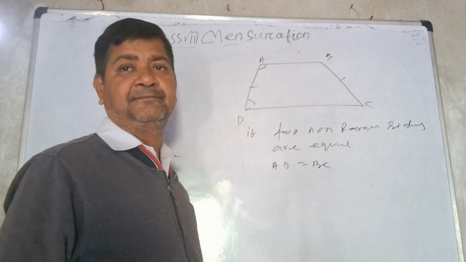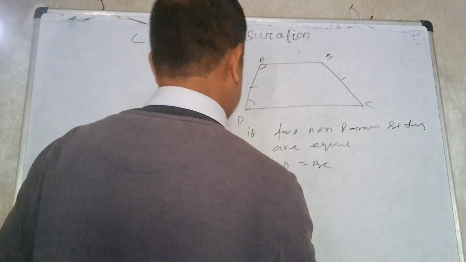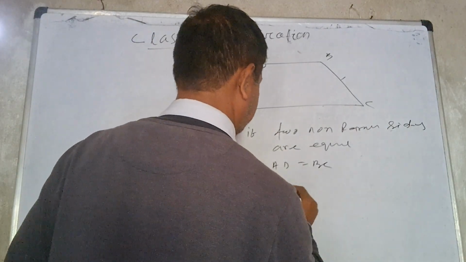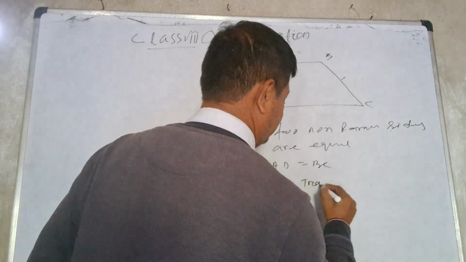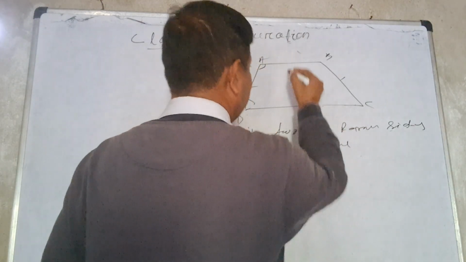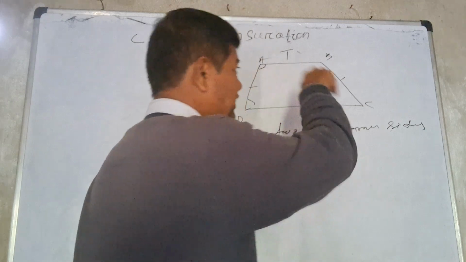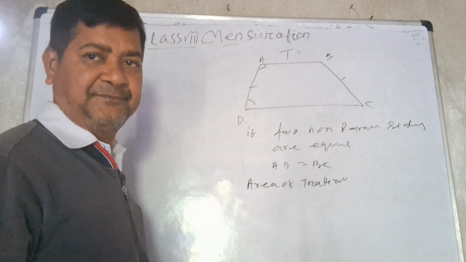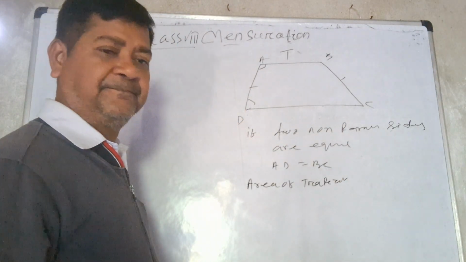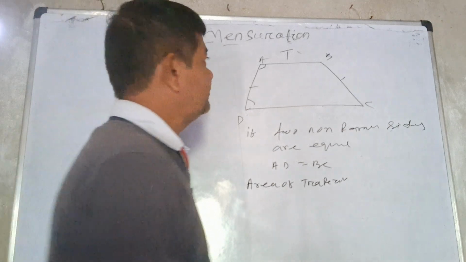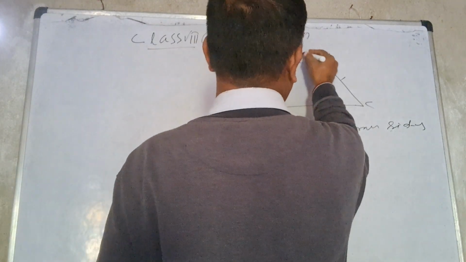Then area of the trapezium. This four-sided polygon is called a trapezium.